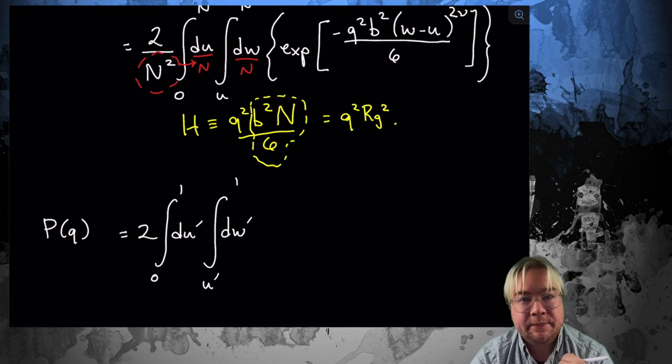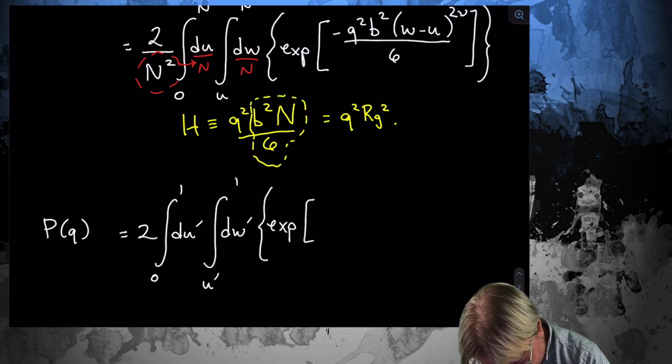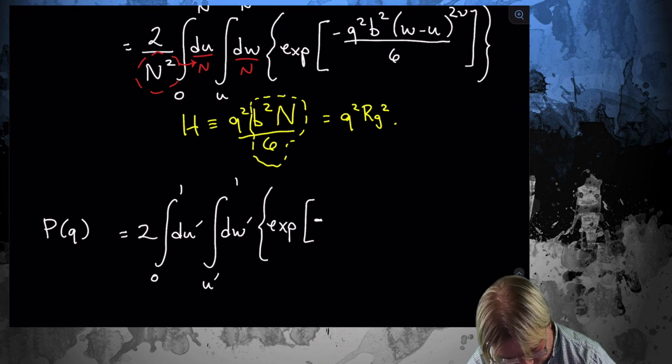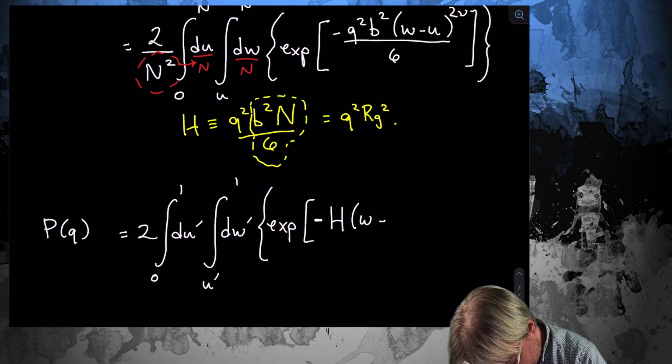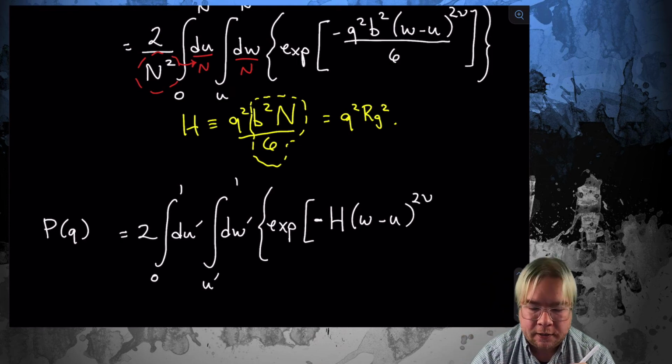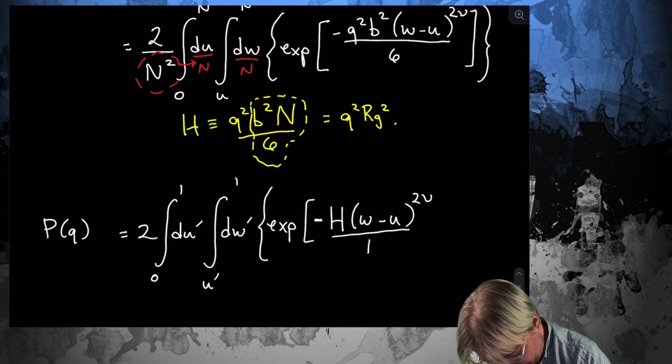And now let's work with the exponential a little bit. This exponential will become the exponential of minus h times w minus u to the 2 nu power. But it's not quite that because I've got an n absorbed in h, so I have to divide this by n like that.